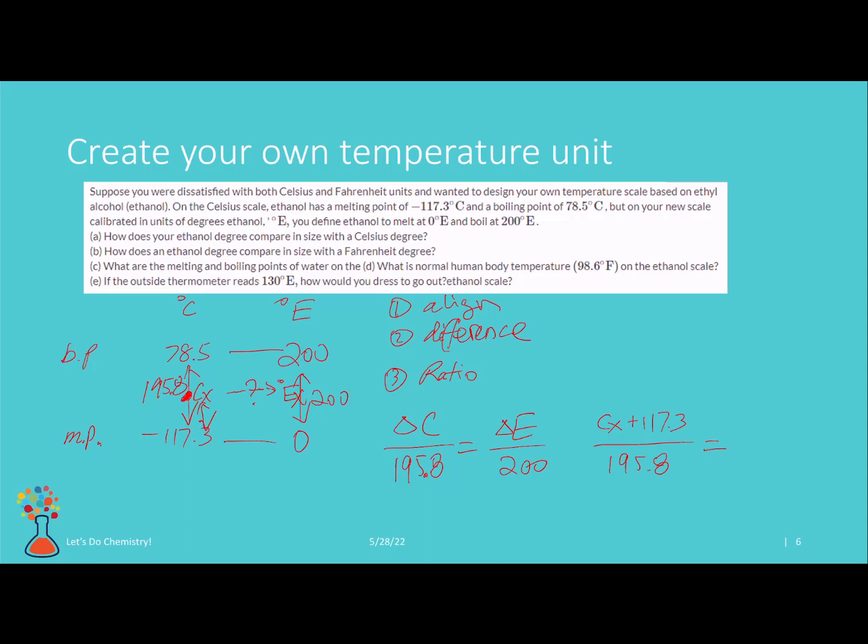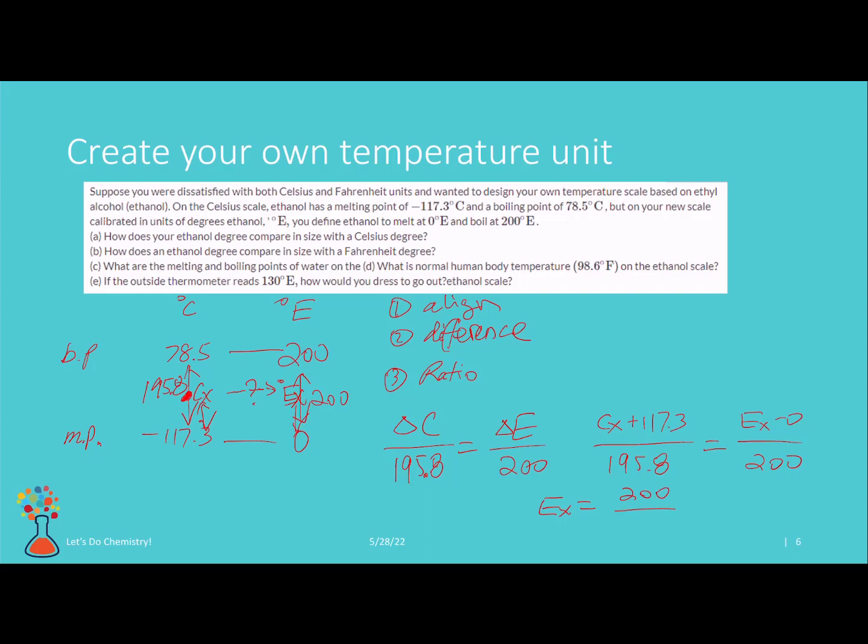So that equals what is the difference from here to here? That will be EX minus 0. And then that's divided by 200, right? So and then you can simplify this.